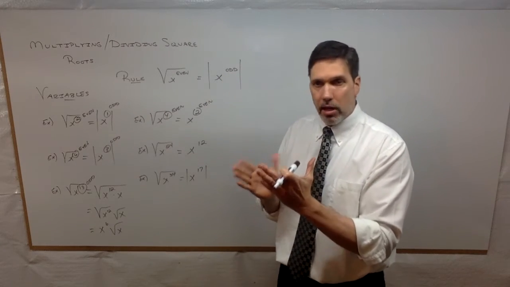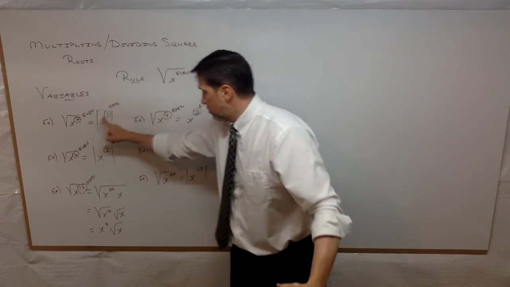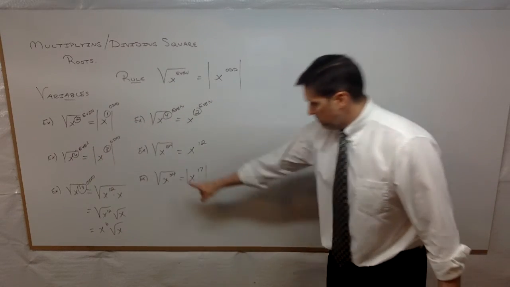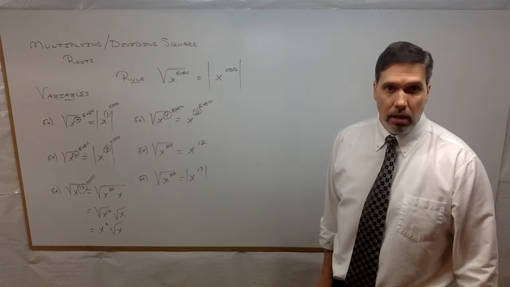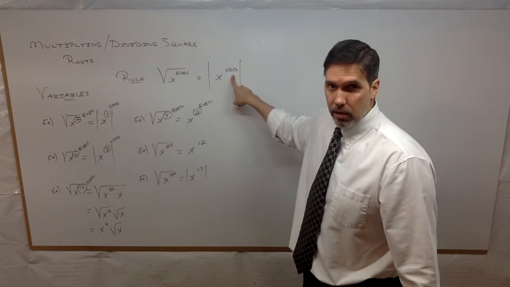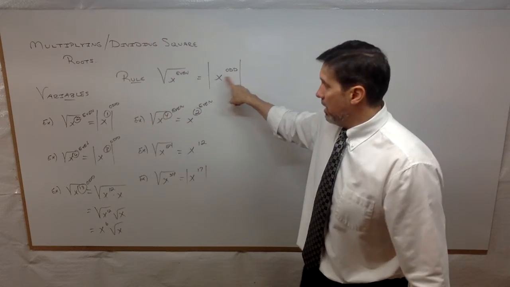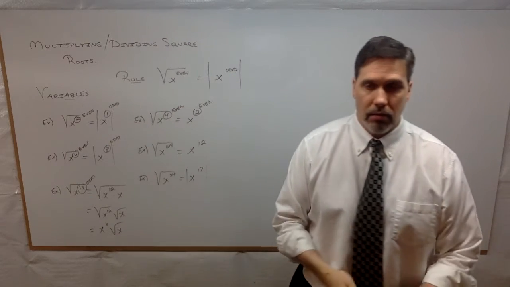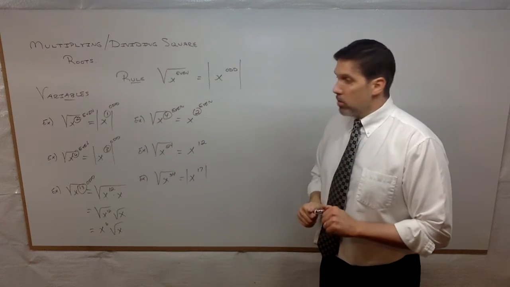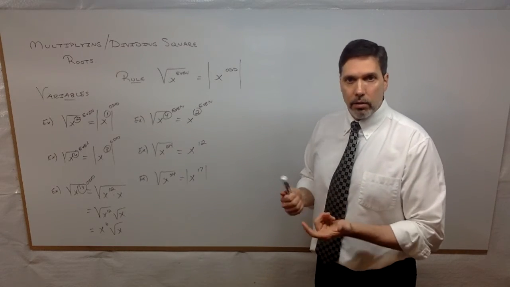If you have that scenario, like 2 and 1, 6 and 3, 34 and 17, we need absolute value. But if it's even, no absolute value is necessary. In fact, it's overkill. And if it starts off odd, forget it. There's no absolute value to even consider, no matter what. So that's how we simplify with the variables.